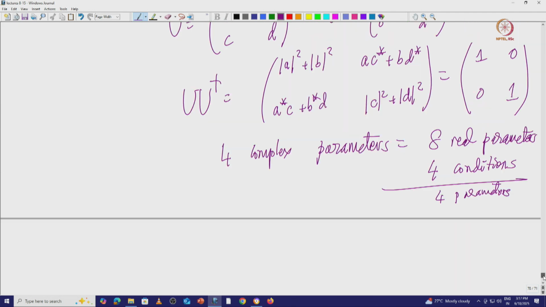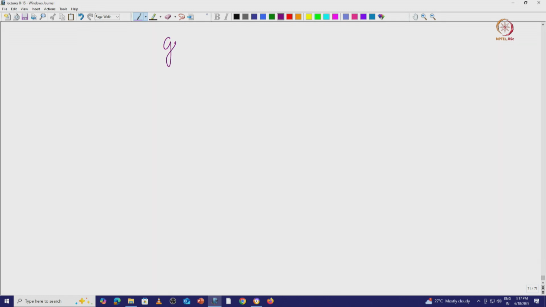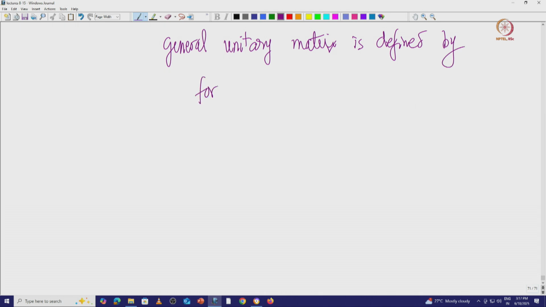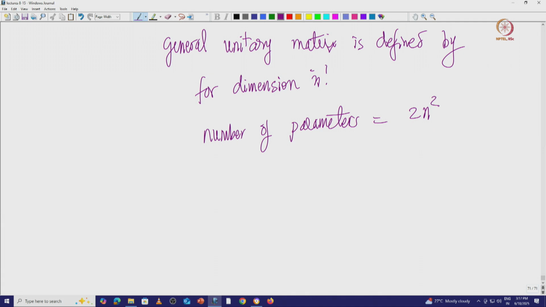So a general unitary matrix of dimension n has a number of parameters equal to 2n square. The number of parameters is 2n square because they are complex.